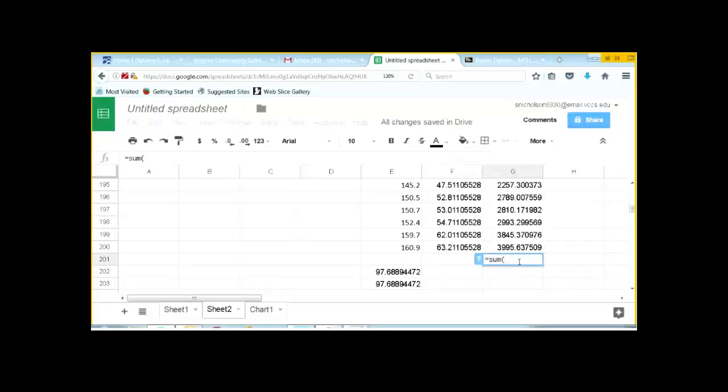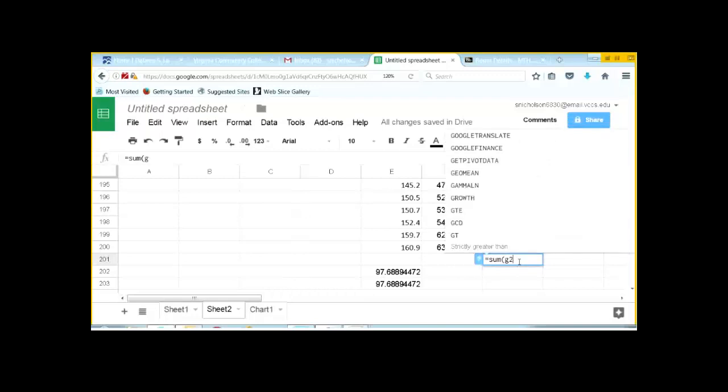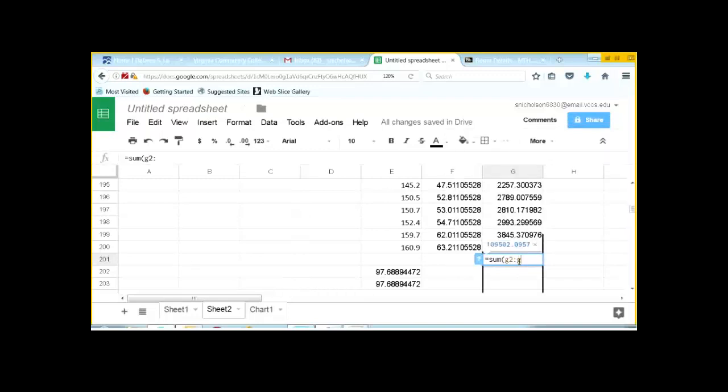And then I add them together, so it's G2 through G200. That's the sum of the deviations squared, and then my final answer would be equal to the square root of this divided by 199, which is 200 minus 1. Actually, there's only 199 data points, so it would be 198.